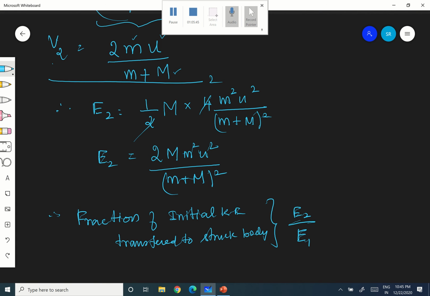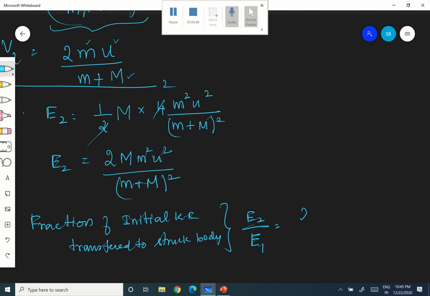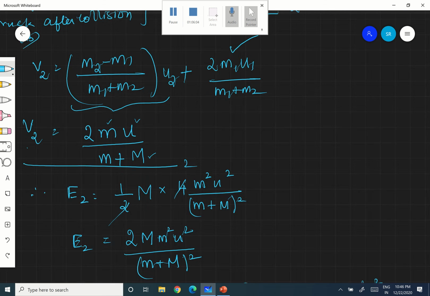That is nothing but, what is E2? 2 capital M m squared U squared divided by m plus capital M the whole squared is E2. Into, what is E1 here?